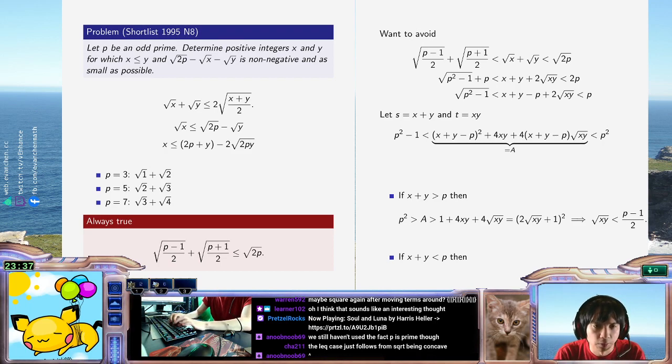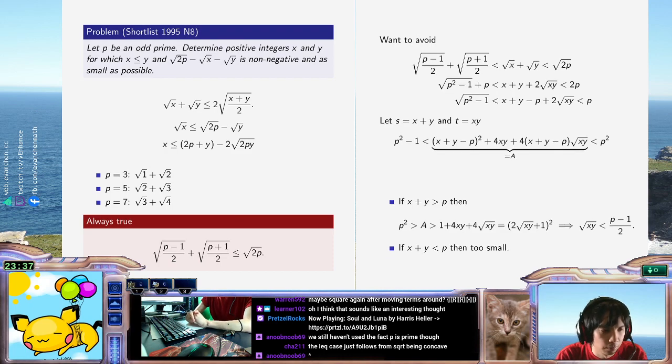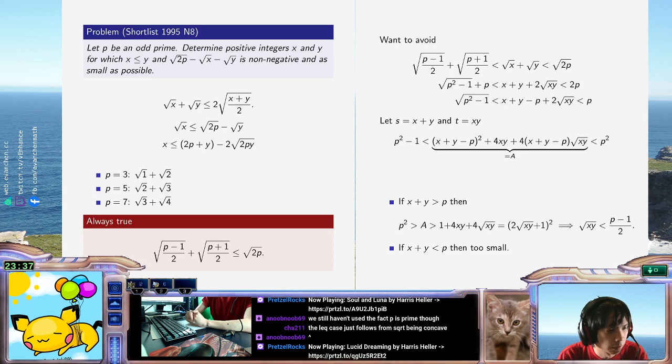Then too small. Okay, I agree. If x plus y is strictly less than p, then it's too small, just always. Basically, I just need to check that root (p minus 1)/2 plus root (p minus 1)/2 is, yeah, that's too small.